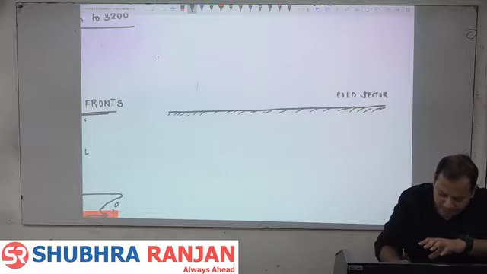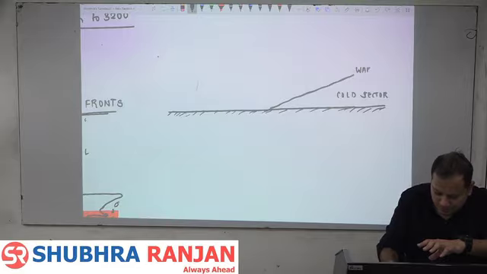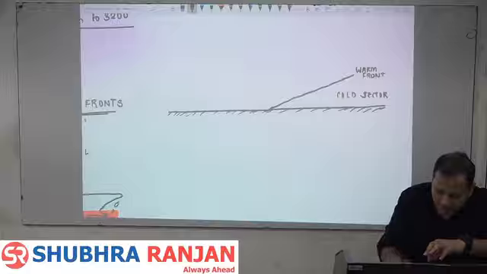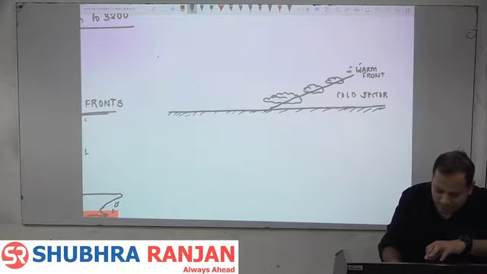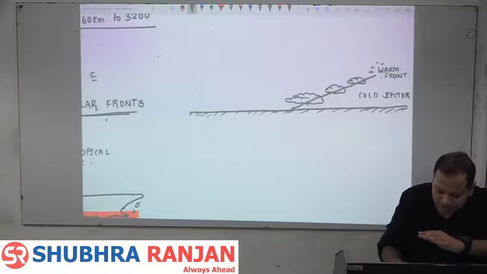After that there will be a warm front, which will have nimbostratus, altostratus, cirrostratus, and then cirrus clouds in the sky, 12 kilometers in height. This is the region where there will be rainfall, continuous precipitation.